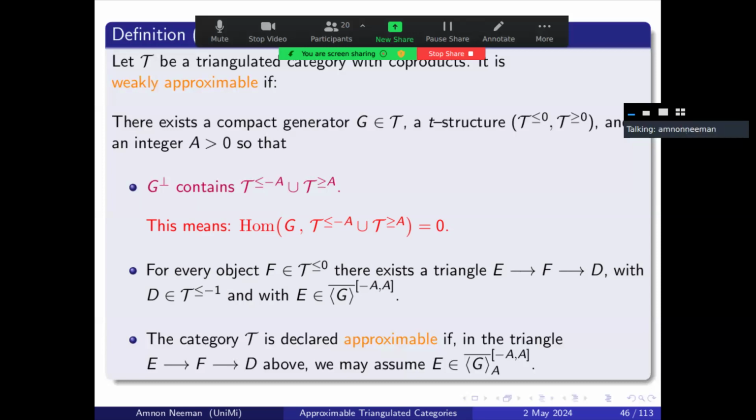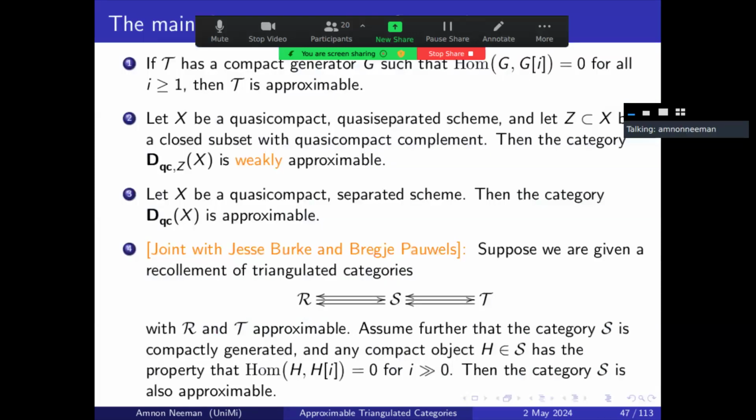It turns out that this theory has many examples. So now we come to theorems, and the first theorem is that there are lots of examples. Many triangulated categories are either weakly approximable or approximable. So there's a list of theorems here, and the ones that will play the biggest role in this talk are the two highlighted ones.